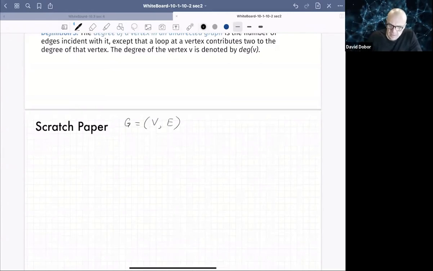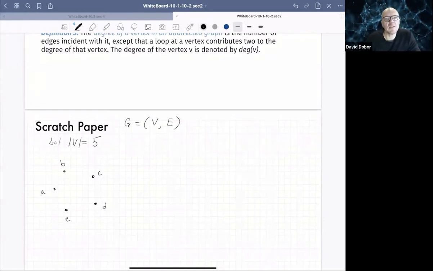So let V be 5 elements: 1, 2, 3, 4, 5, or A, B, C, D, E. So what's the maximum number of edges that I can have?